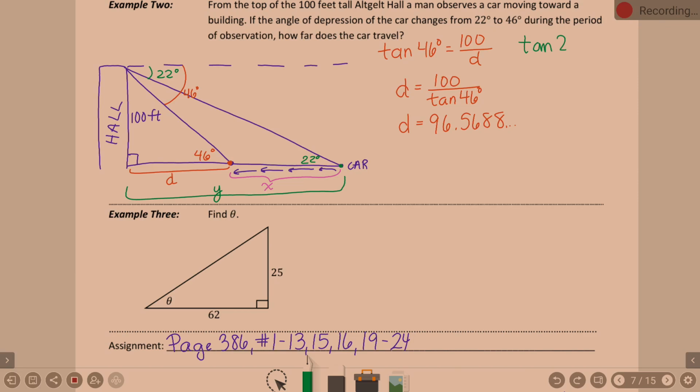Tangent of 22 degrees is 100 over Y. Multiply the Y over and divide, and Y is going to be whatever 100 divided by tangent of 22 degrees is. According to my notes, or did you guys get it? 247.5087. I wrote 5086 just before it rounded.